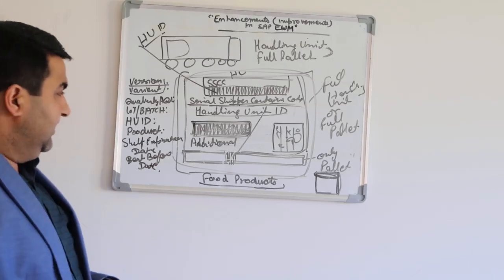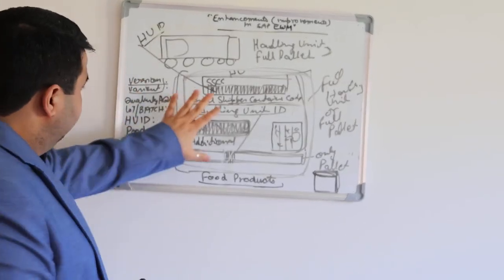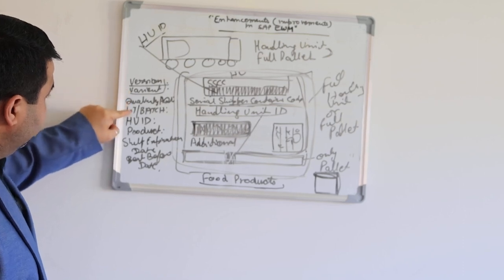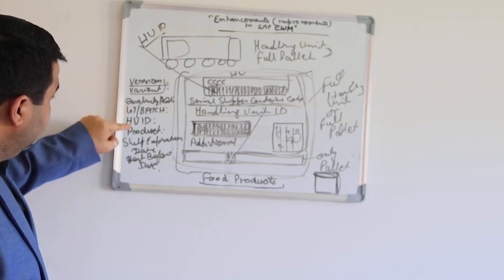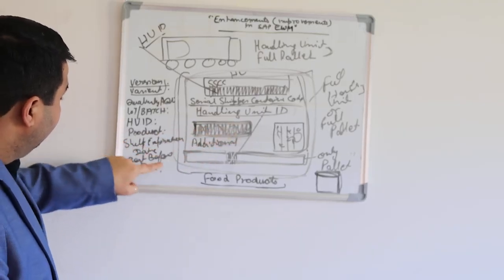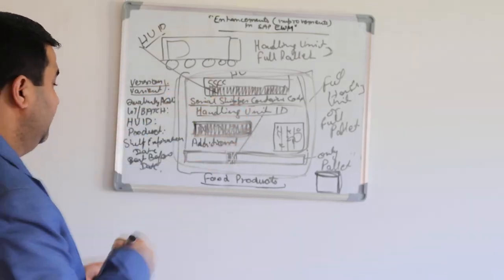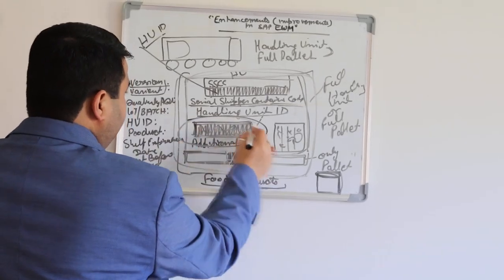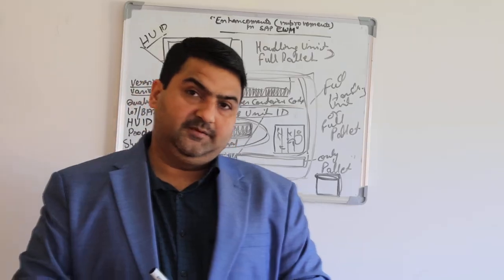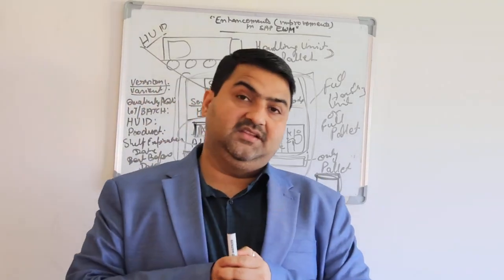Generally we have all this additional information like version, variant, quantity, batch, handling unit ID, product, and the shelf expiration date or best before date. We have all this information in this barcode, and we receive this barcode from the vendor or supplier, or we have to create this in the system.